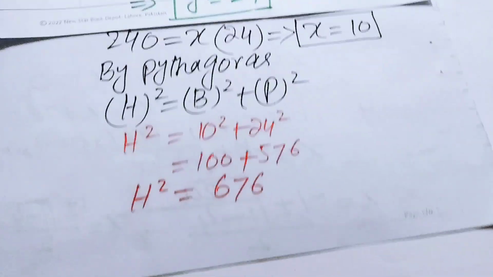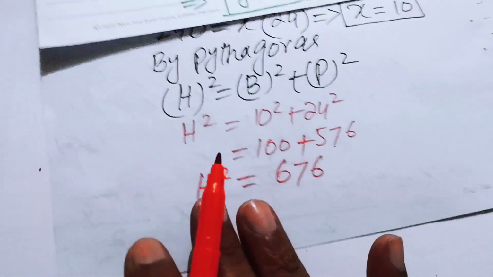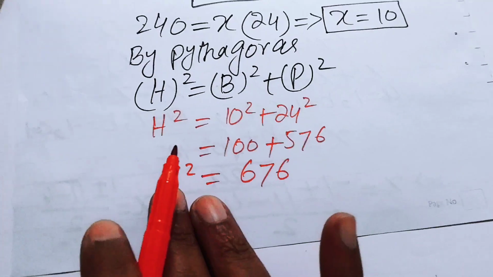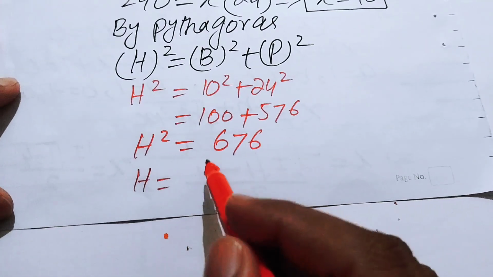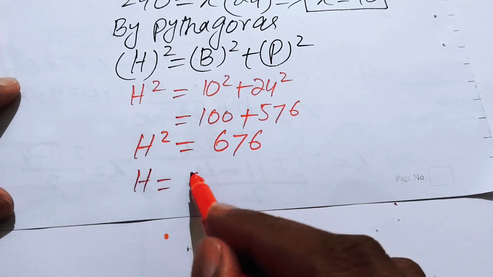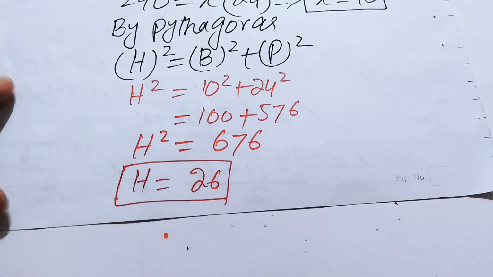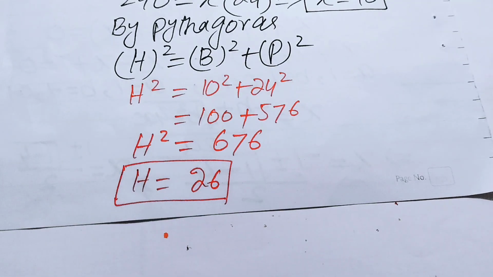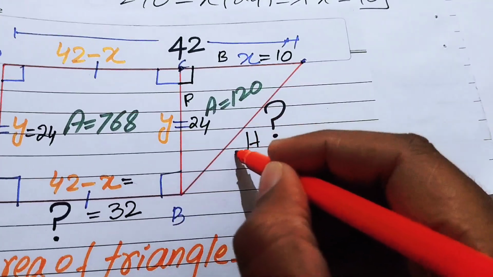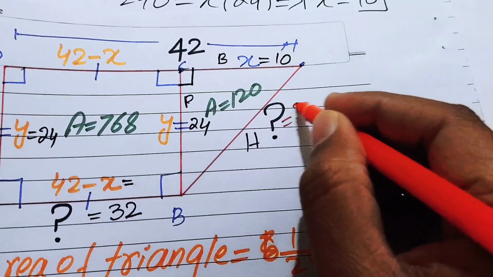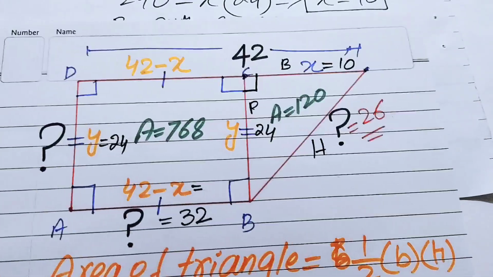This is the value of h squared, but we need to find h, so we take the square root on both sides, and the hypotenuse is 26. We choose only the positive value because a side length cannot be negative. So the third side length is 26, and this is the final answer.